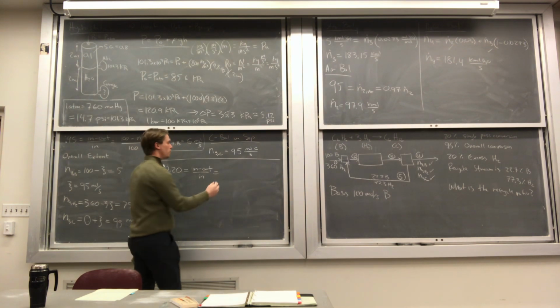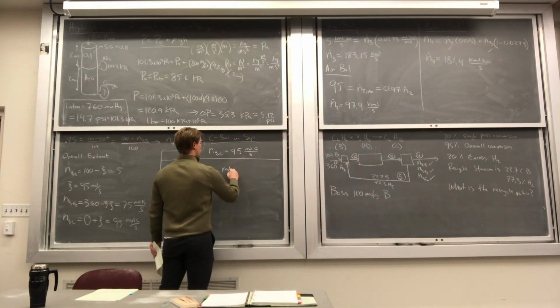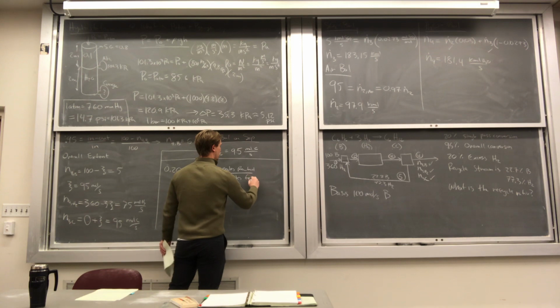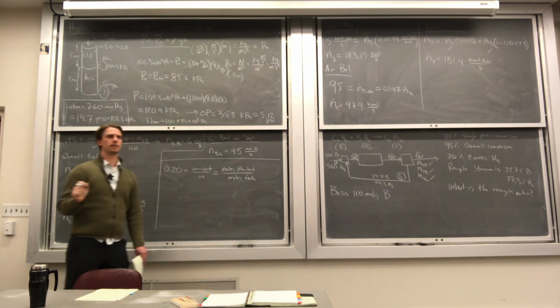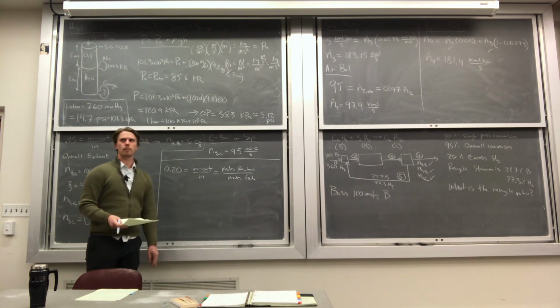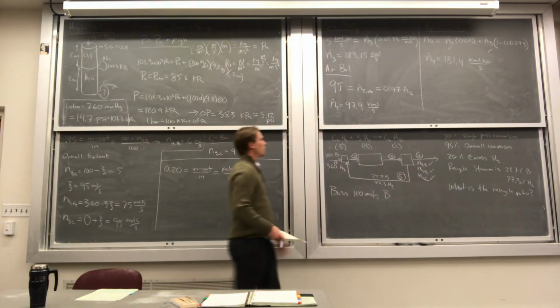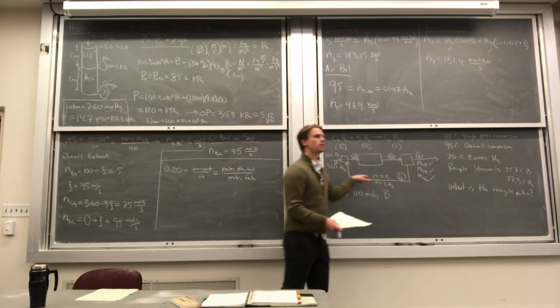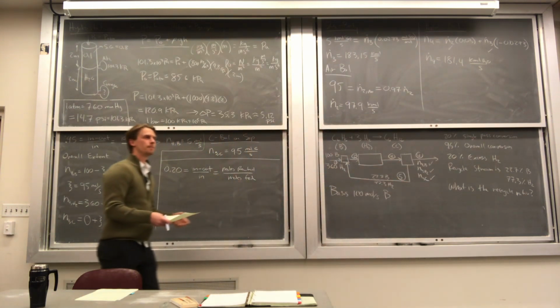This is also going to be moles reacted over moles fed. So I'm feeding a certain number of moles of benzene, and I'm reacting a certain amount. But the problem is we don't know how much benzene we're feeding to the system because we don't know what our recycle is, and we don't necessarily know what our flow rate is because we don't know how much is being separated in stream 5 also.